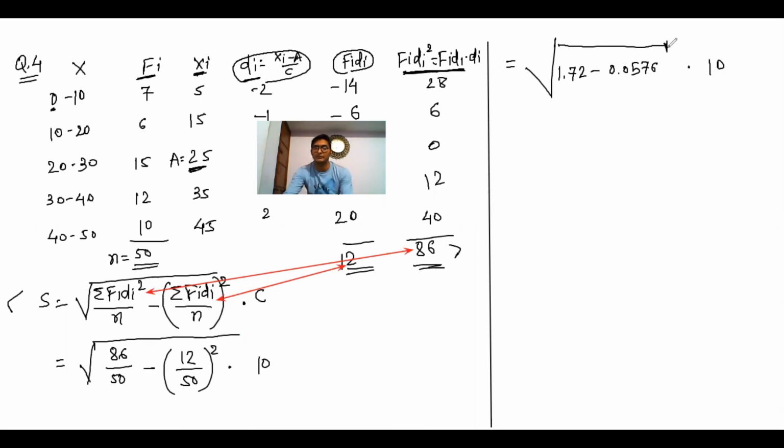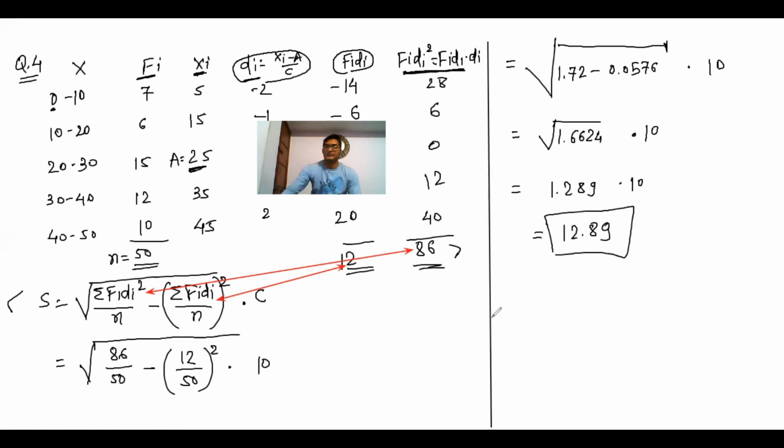Our under root is completed here and 10 is outside. Now under root it is 1.6624 multiplied by 10. First of all, you have to remove this under root and our answer is 1.289, and then multiplied by 10 it means 12.89. Got it? Simple. This is the standard deviation for grouped data.